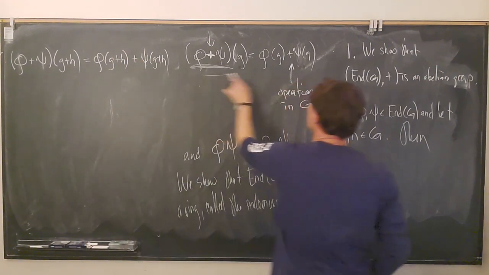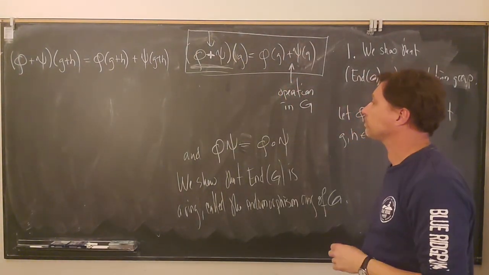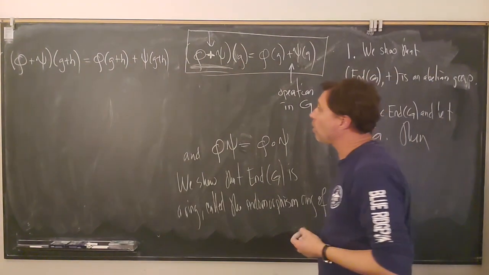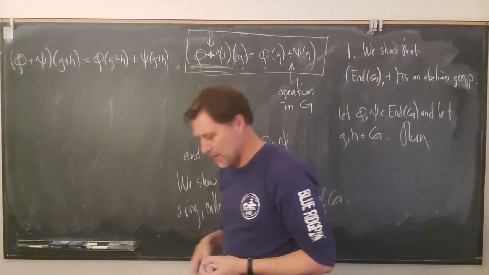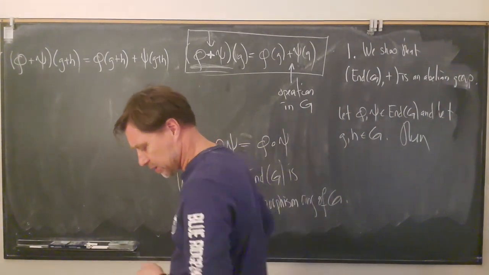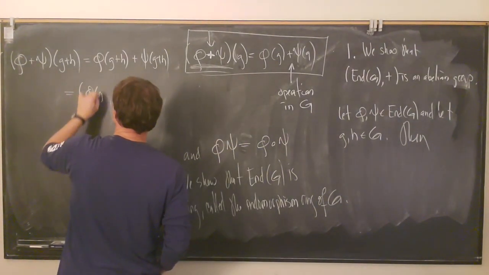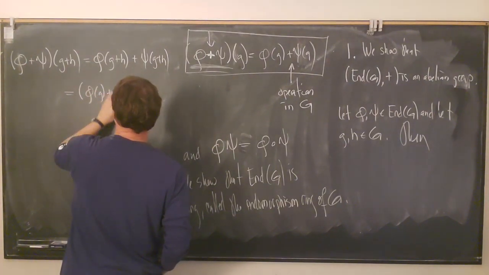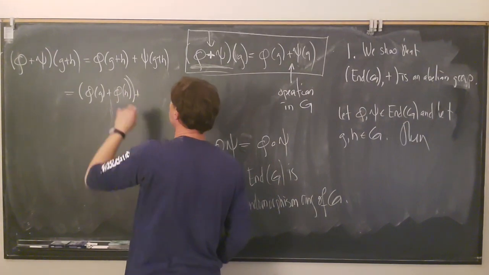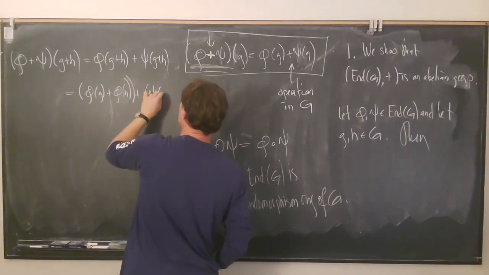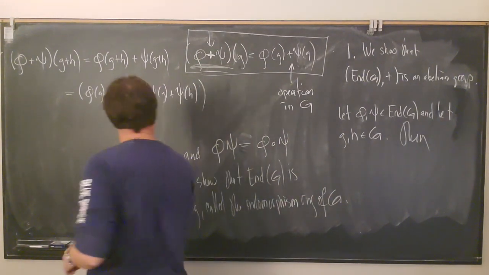So I'm using this formula right there. But now, remember, both phi and psi are homomorphisms, so I can split this up and then move things around, right? So this is equal to phi of g plus phi of h plus psi of g plus psi of h.